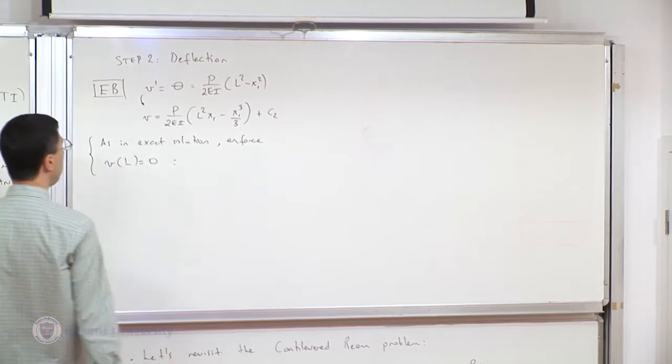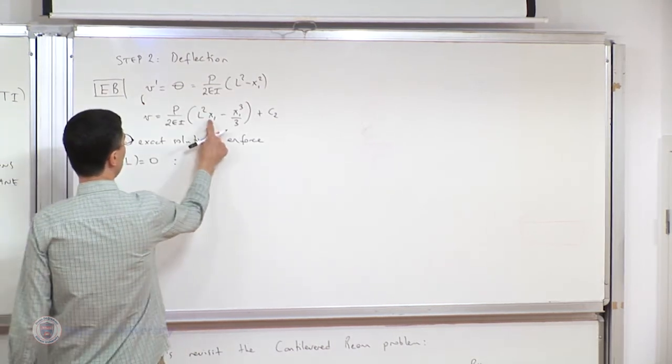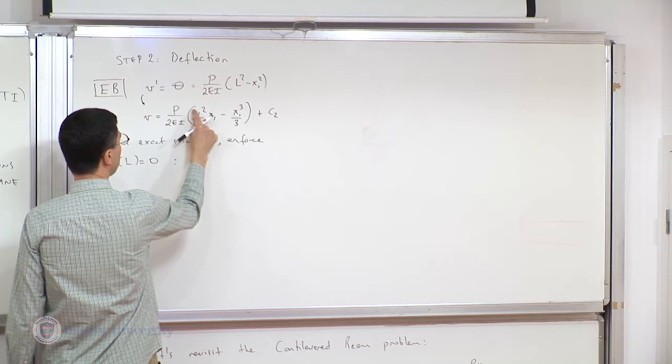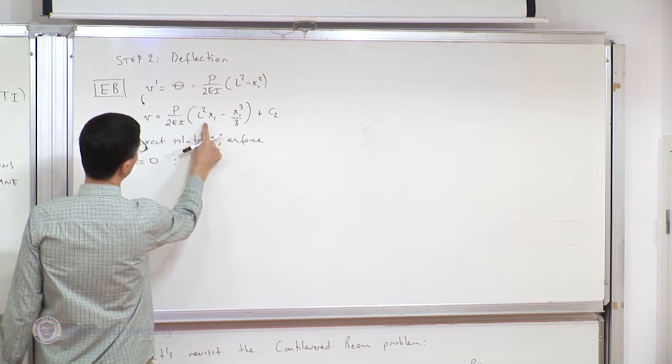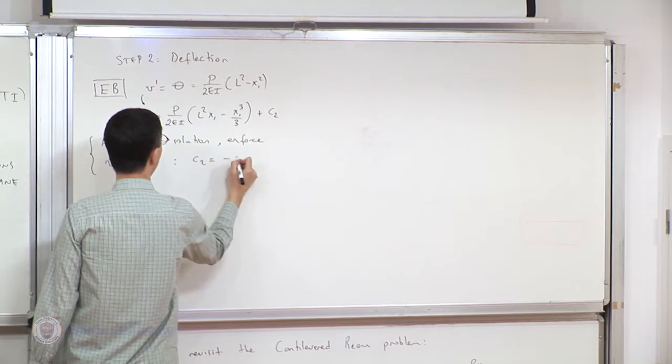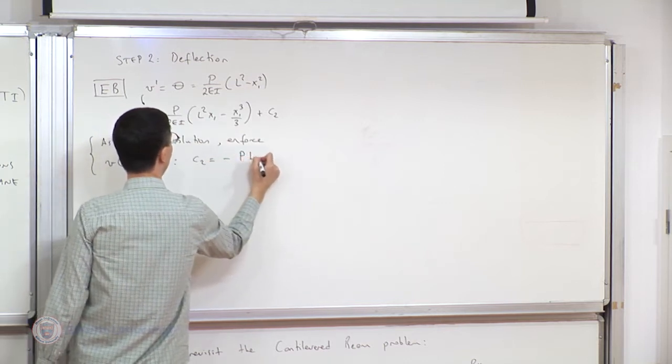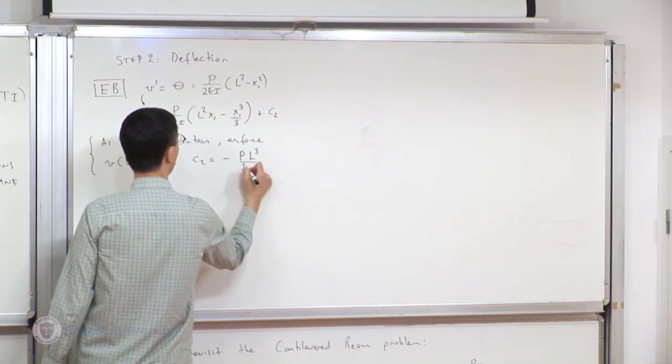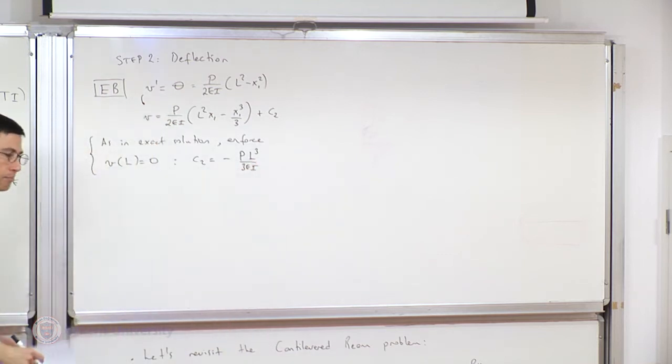So presently, if that is supposed to be the case, if I plug in L, that's a 2/3 here, right? 2's cancel, so C2 is supposed to be equal to minus PL cubed over 3EI.